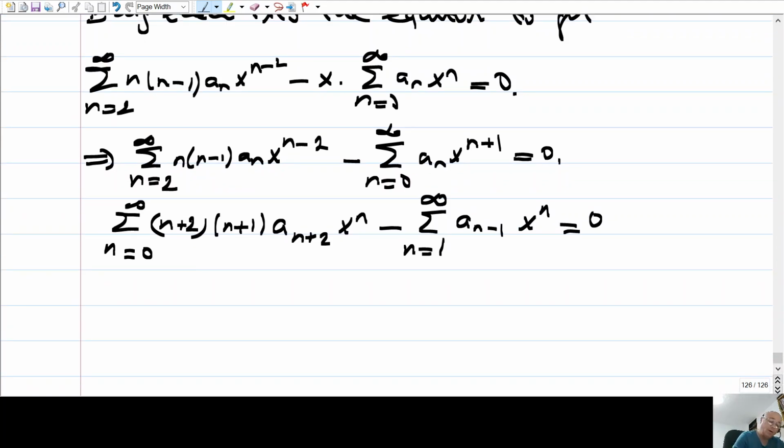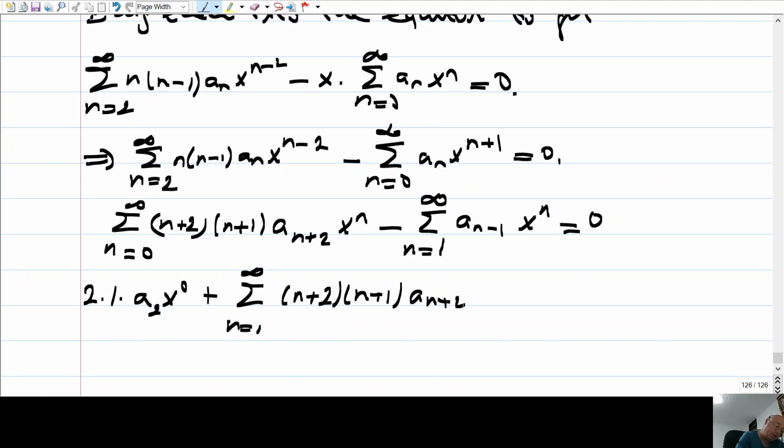Now I can combine these two. But here the 0 term doesn't exist, so I just leave it outside. So for n equals 0, I have just 2 times 1 times a2 x to the power 0 plus the summation from 1 to infinity of (n plus 2)(n plus 1) a_(n+2) x to the power n minus the sum from 1 to infinity of a_(n-1) x to the power n, equals 0.